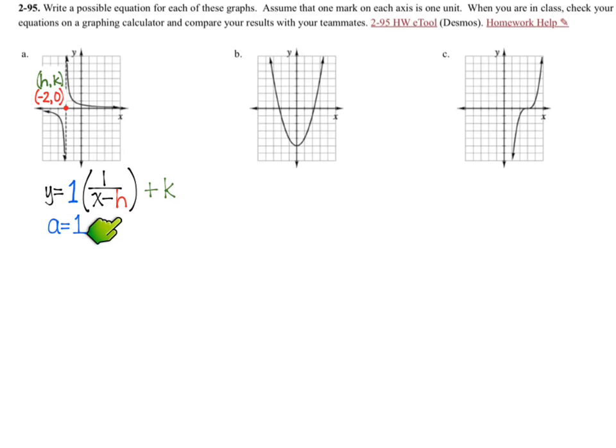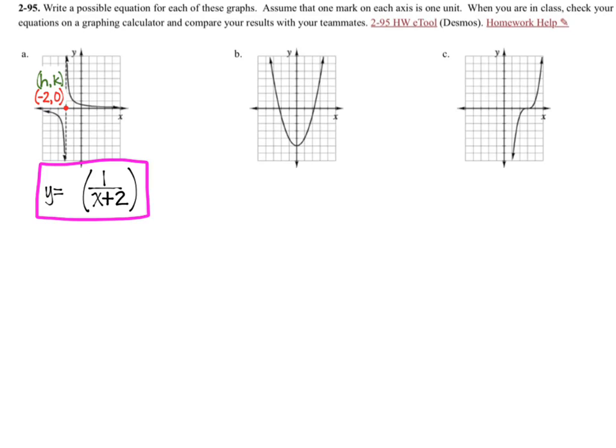I'm going to replace the h and the k in the standard form with those numbers, -2 and 0. Note that it used to say x minus h, but when I put in -2, it became x plus 2. I don't need to keep an equation with a plus 0, and we also don't need to keep the 1 in the front. So simplifying it, we get y equals 1 over x plus 2.